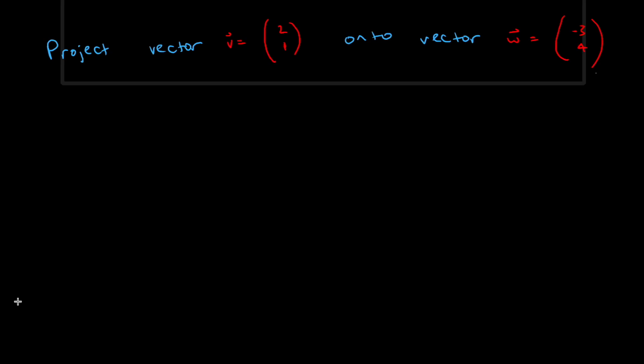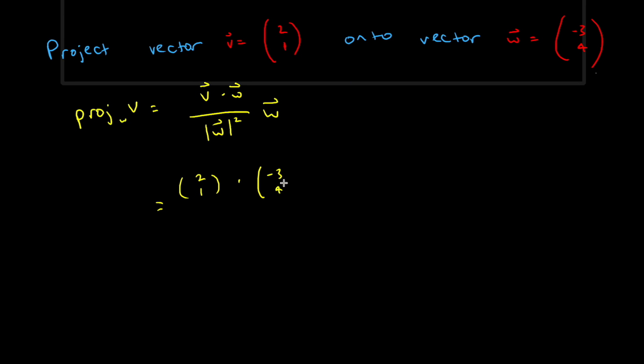All right, so this problem is asking us to project vector v, which is 2, 1, onto vector w, which is -3, 4. So we can use our projection formula. Projection of v onto w is just the dot product of v and w over the magnitude of w squared times the vector w. And we can now plug in our vectors. So here we have vector v, which is 2, 1, times vector w, -3, 4, over magnitude of w squared.